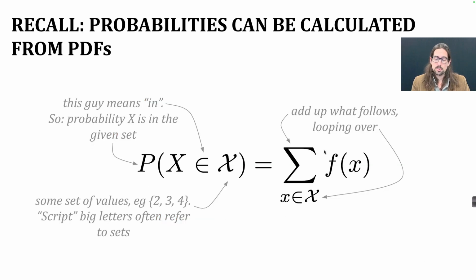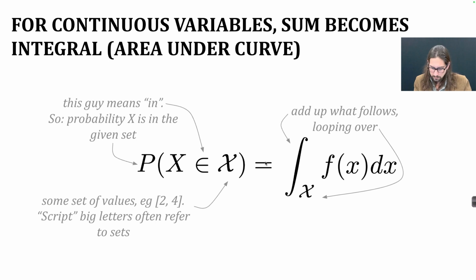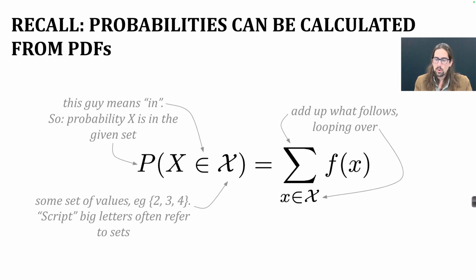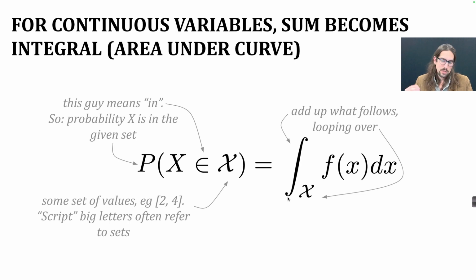Now for a discrete random variable, we have this way of calculating the probability. For a continuous random variable, it's very similar, except that now instead of adding up the values, we have to integrate them.